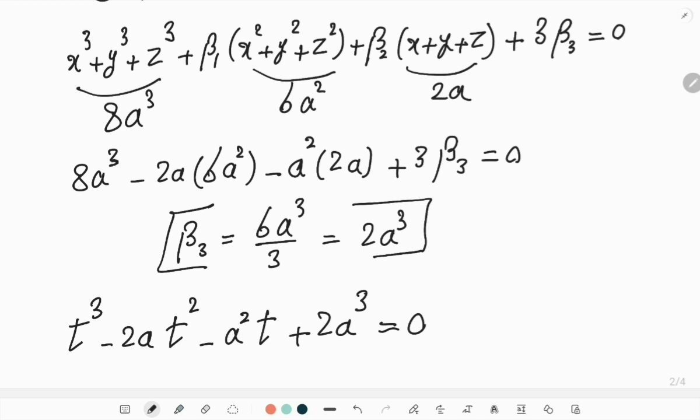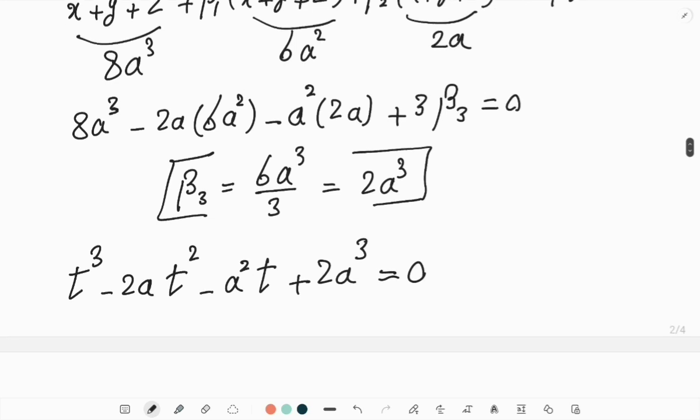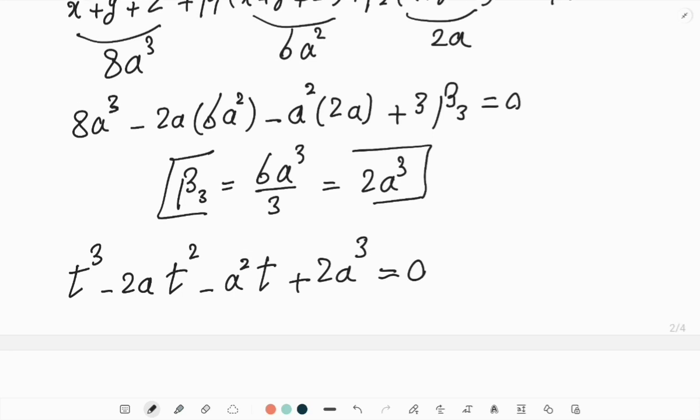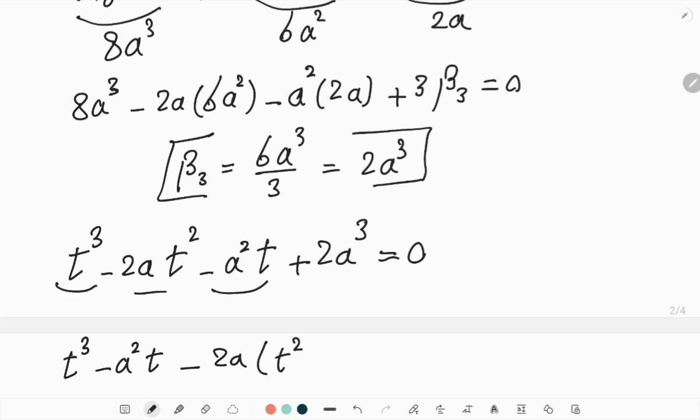So how can you solve this cubic equation? Well, it's not really difficult, because all we need to do is reorder the terms a little bit. So if I just write t^3 minus a^2 t minus 2a t^2, let's factorize minus 2a times t^2 with the other terms here.